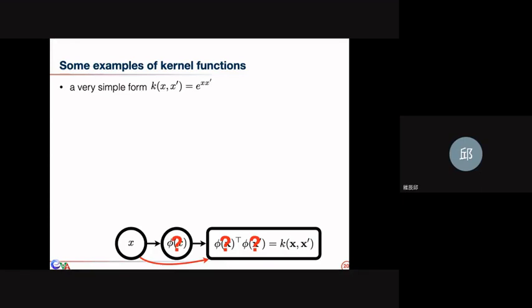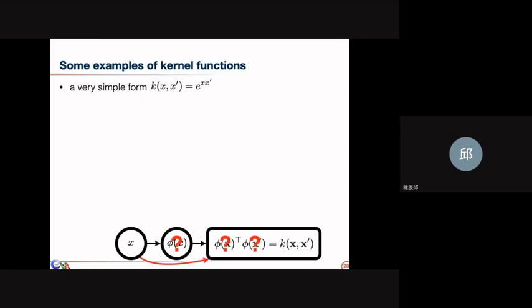This is actually quite easy, because you have your original x and x prime in the data space, and I simply do the multiplication between my x and x prime and then compute the exponential, right? Quite simple.